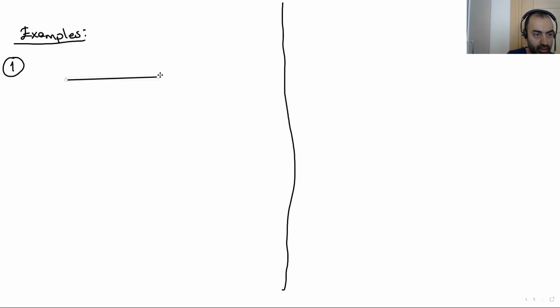here we have a cantilever member. At this point, we have two torsional moments. One is 7 ton meter.